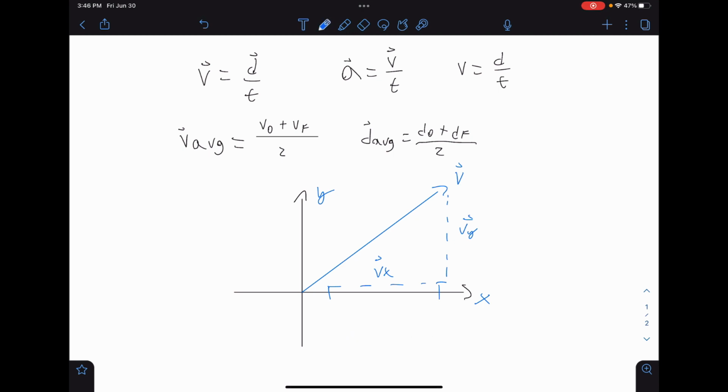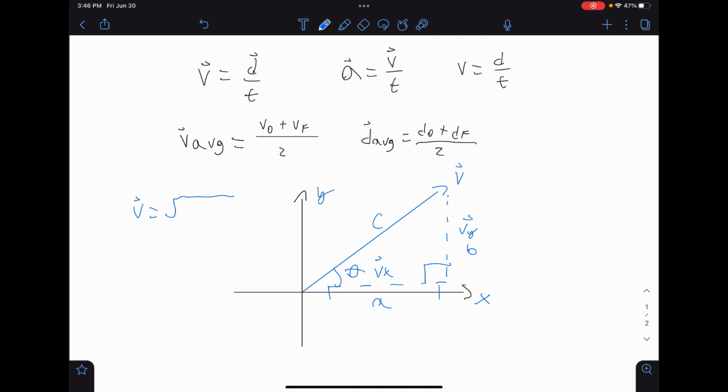And what if you wanted to find the total velocity? Well, we use special triangles, right? We use a right angle triangle. We do trigonometry, we get some angles, and we also can use Pythagorean theorem, right? If we remember, c squared is equal to a squared plus b squared.